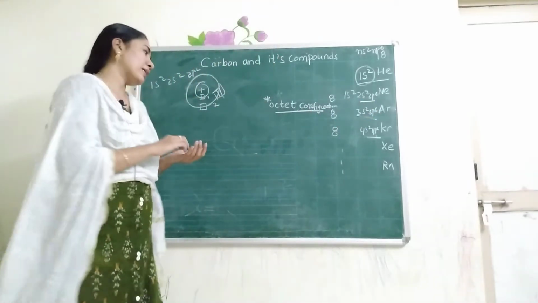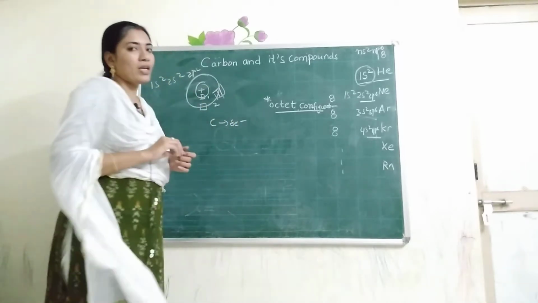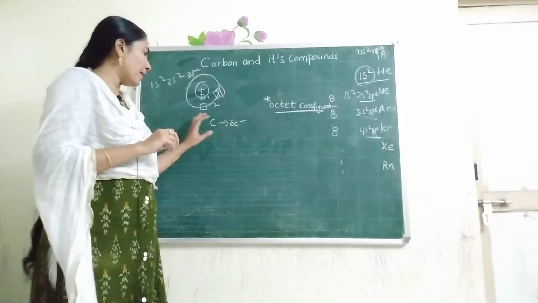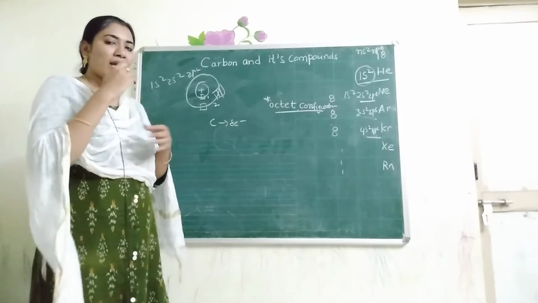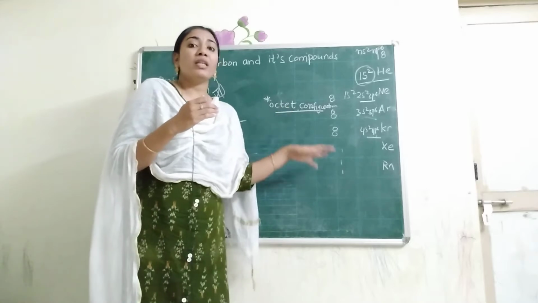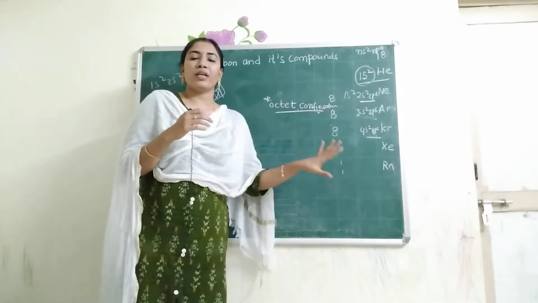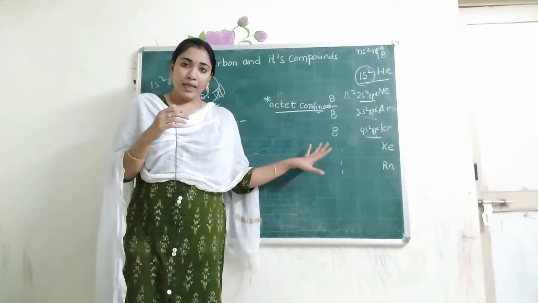If, for example, carbon gets 8 electrons in its valency shell, it becomes stable. Not only carbon, every element tries to acquire the octet configuration to get stability.